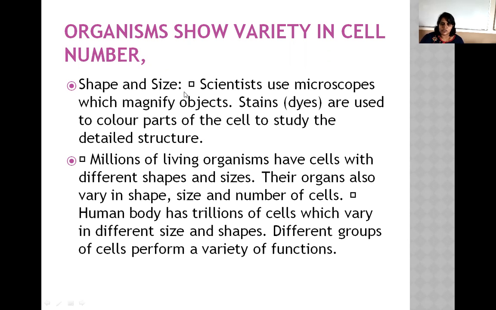The shape and size of cells depend on the particular function. They coordinate together to perform varied functions, and it is said that the human body consists of more than trillions of cells.